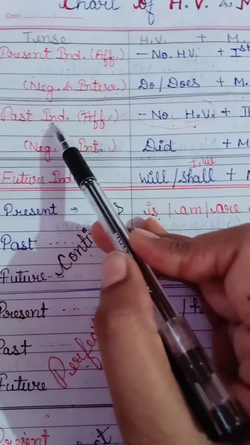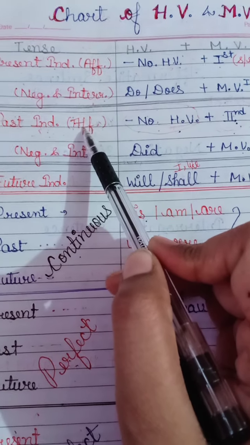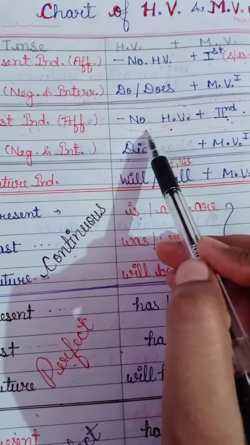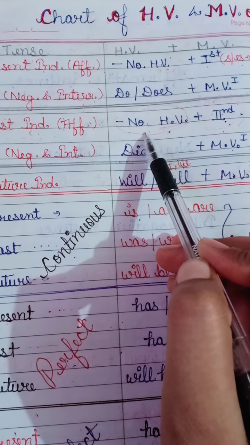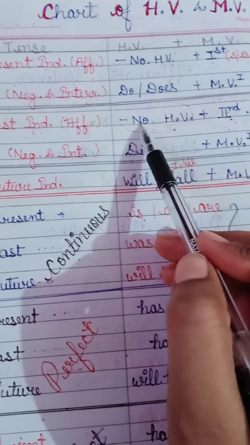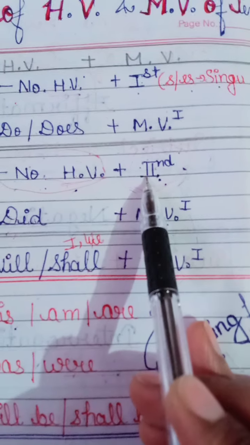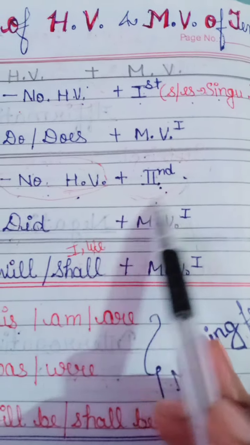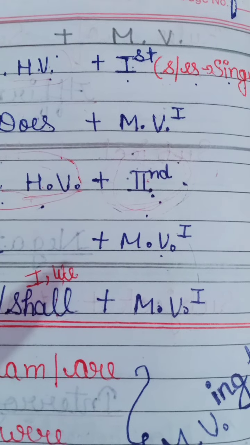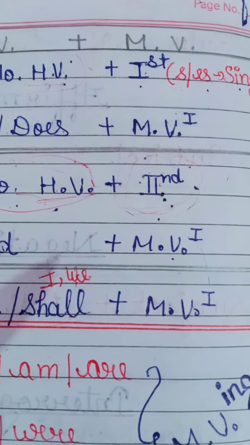Now next, past indefinite affirmative. As we have already discussed, it doesn't take any type of helping verb. So no helping verb, but the second form of verb. This is the point that should be remembered.